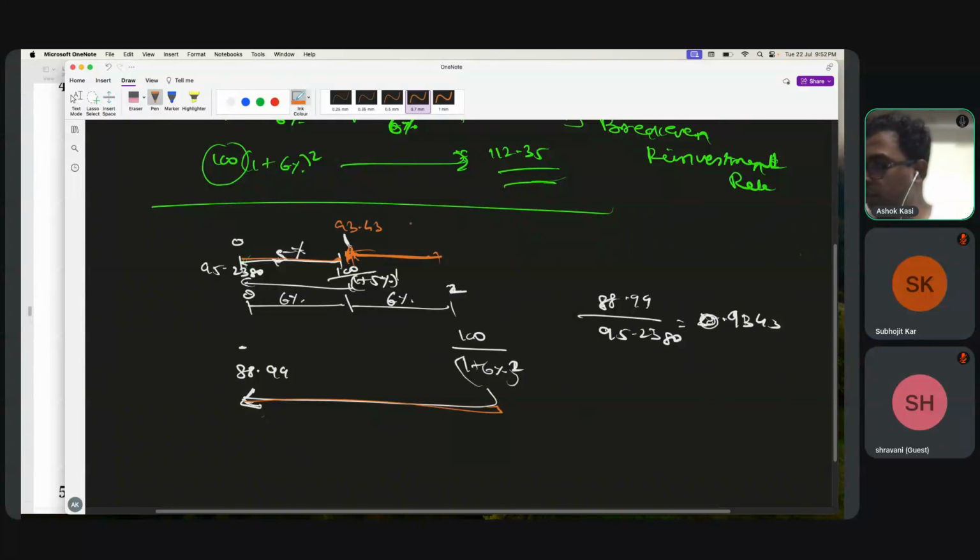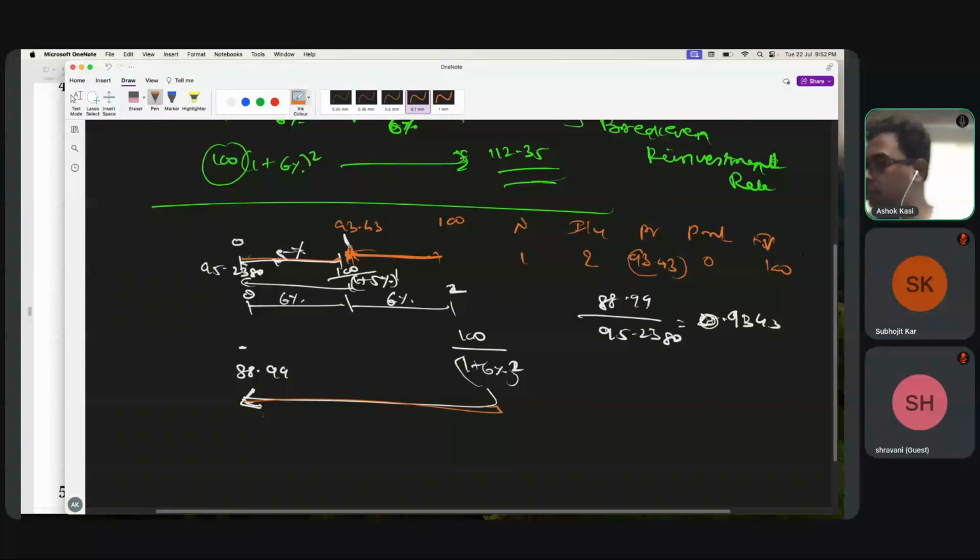So if this is 93.43, and this is 1, so N, I/Y, present value, payment, future value: the future value is 1 or 100. Okay, this is 100. Payment is 0. 93.43 minus I/Y 1.